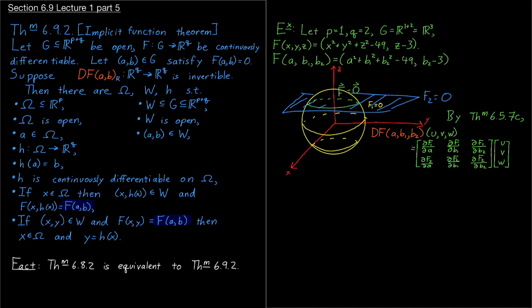And then let's go ahead and evaluate our partial derivatives. This comes out to 2a, 2b1, 2b2, and then 0, 0, 1 times u, v, w. And then when we break up our DF into two pieces, that's basically slicing a square piece, this right-hand square piece, and the left-hand whatever rectangle that ends up needing to be.